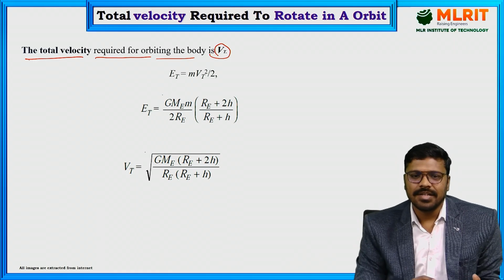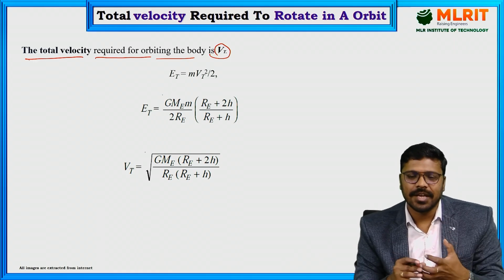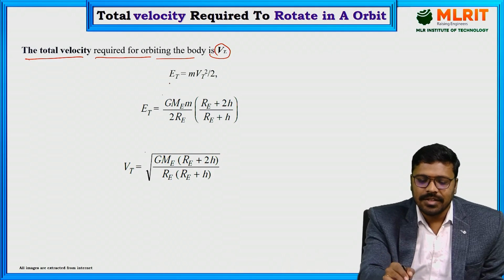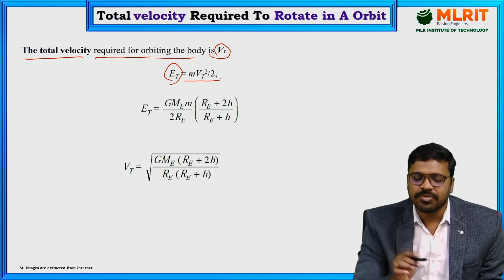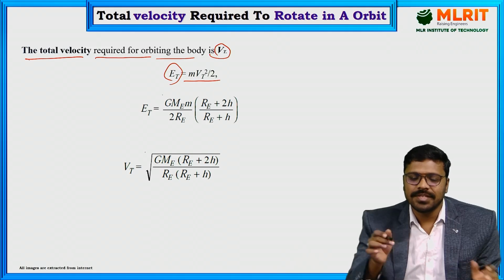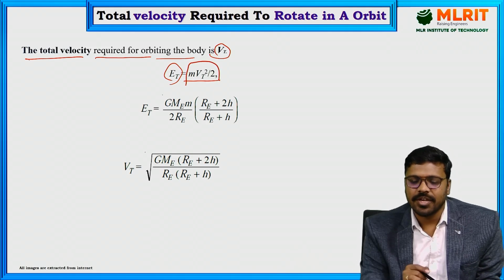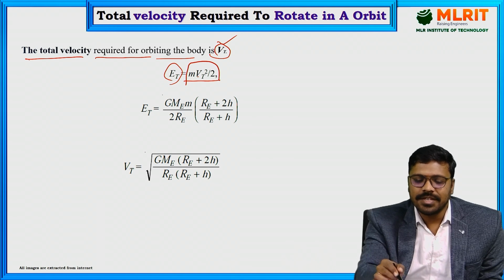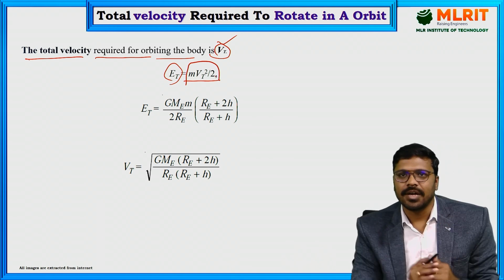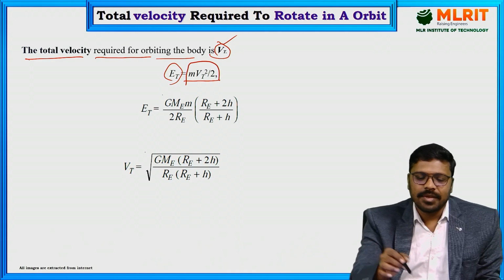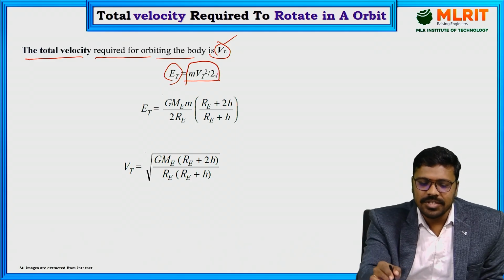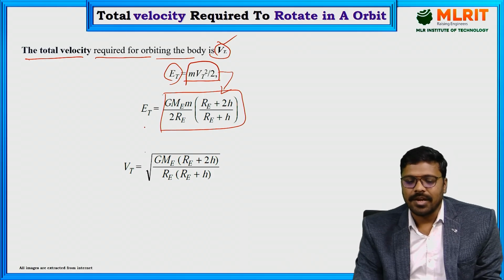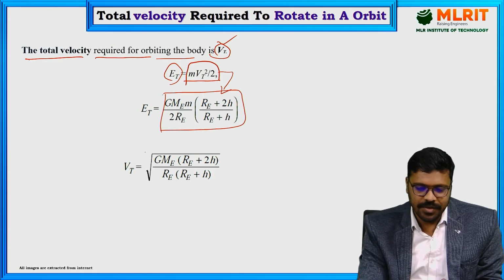If I provide some kinetic energy for the body, then the kinetic energy required is m Vt squared by 2. If I provide the energy m Vt squared by 2, then it reaches the orbit and rotates in the orbit. So I am equating this m Vt squared by 2 with the total energy equation which we have derived earlier.